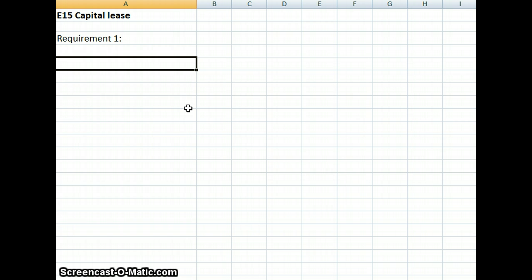So our first entry is to prepare the journal entry for American Food Services at the inception of the lease on January 1st. Well, it's really a straightforward entry here.